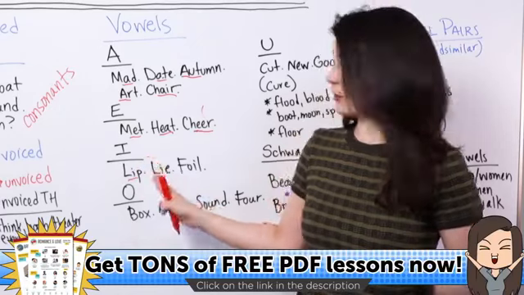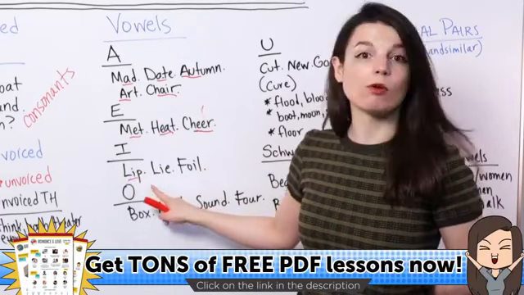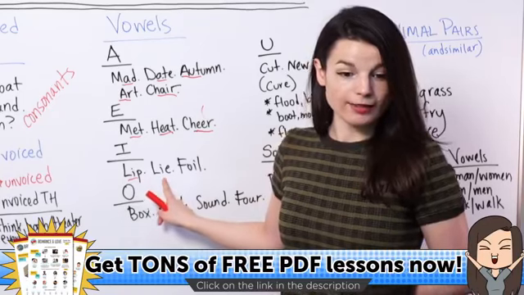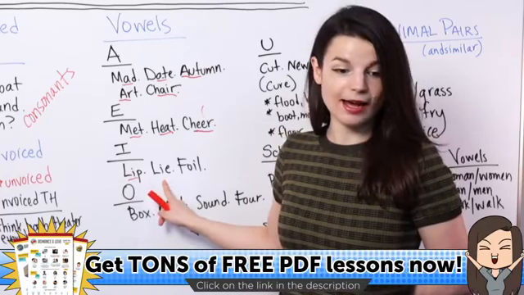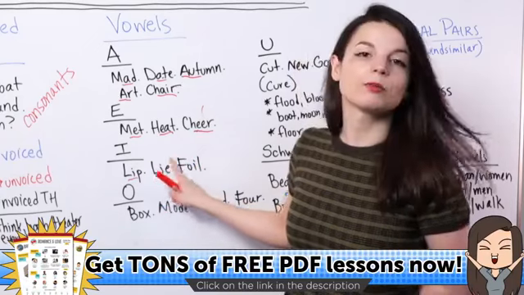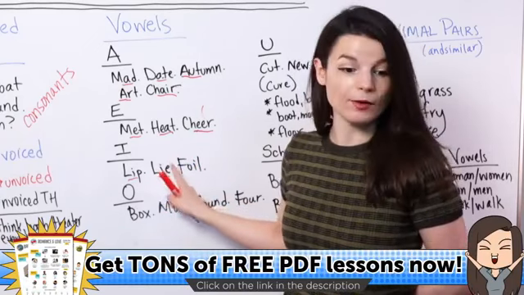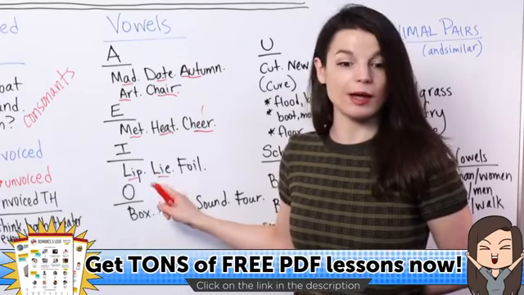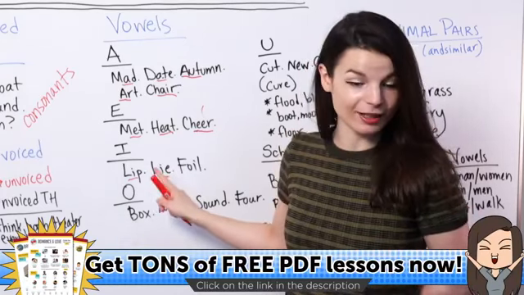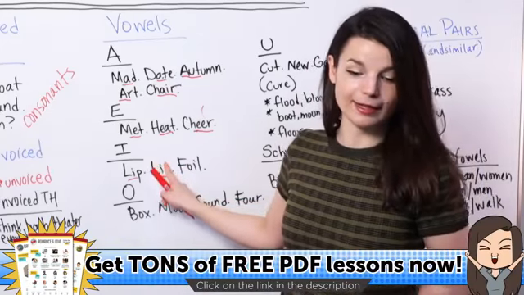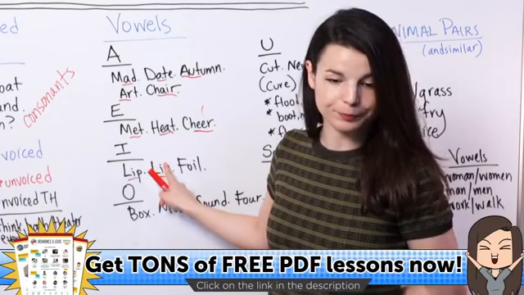The long I sound, lie, is here. You'll see this with a vowel sound at the end of a word, for example, pile as well. There's an E at the end of the word, sometimes with a consonant here too, as in my example, pile too.